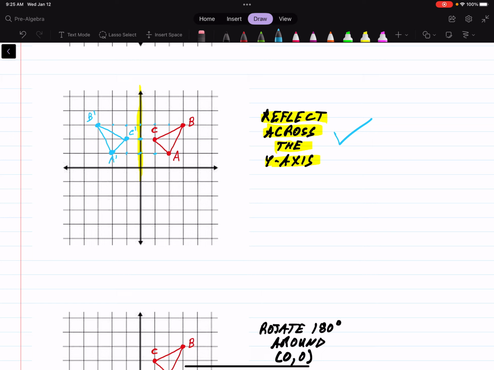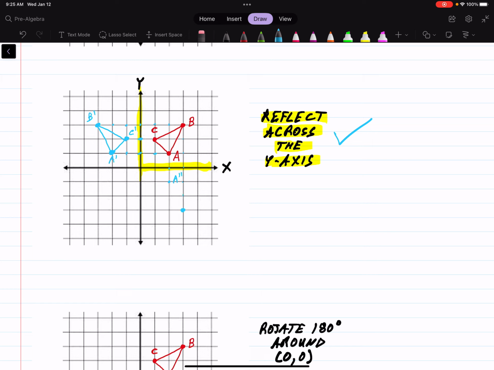If they had asked us to reflect across the x-axis, I'll just put that x and y there. Okay, then we'd have done the same thing, but we'd have gone down to the x-axis. So A would have been 1 down, 1 more. I'll call this A double prime. B would have been 1, 2, 3, 1, 2, 3.